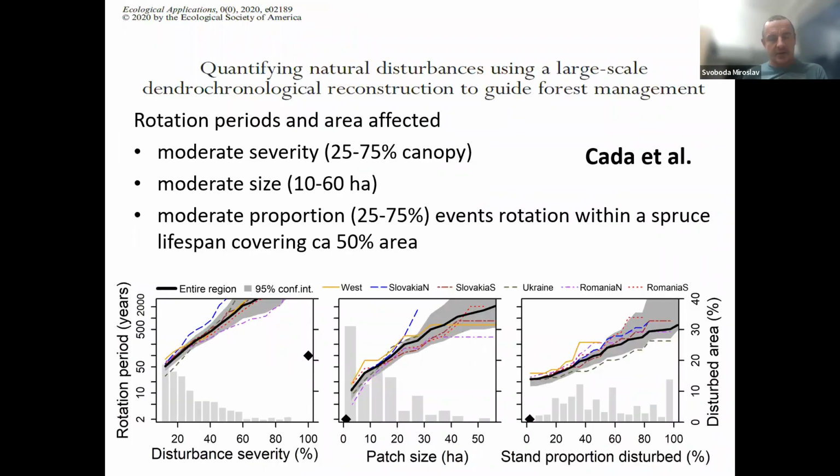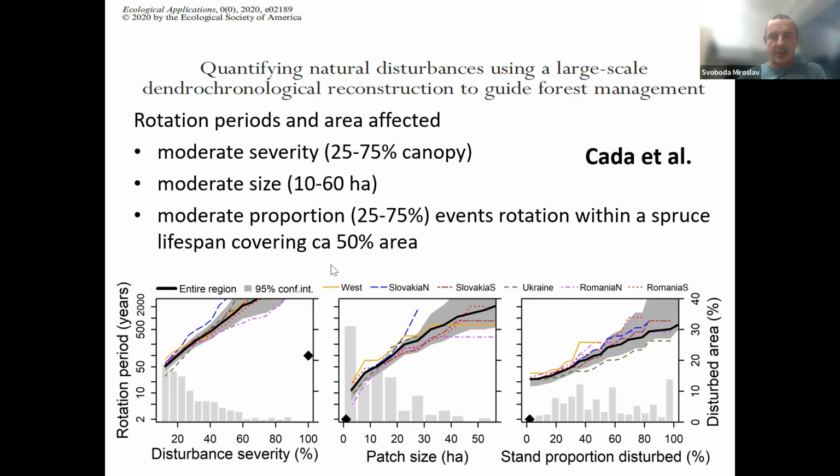So here is another figure which is trying to quantify the natural disturbances in this high elevation mountain spruce forest. And again, as I said, a mixed, complex pattern of disturbances. We recorded disturbances of all severities, with quite significant canopy removal and quite large sizes, up to 50, 60 hectares. And a significant part of the spruce stands is affected by disturbances during its lifespan.